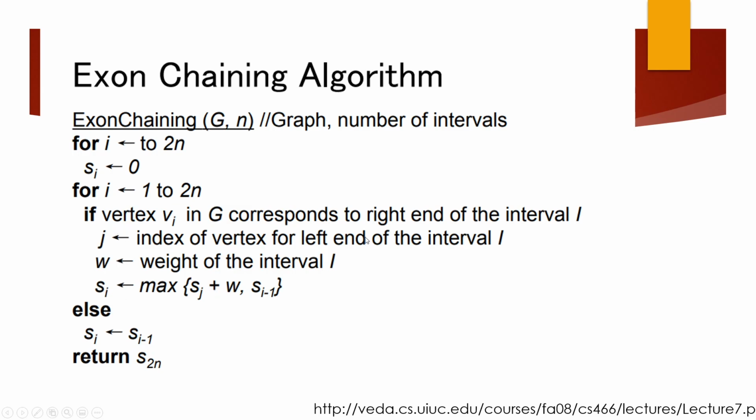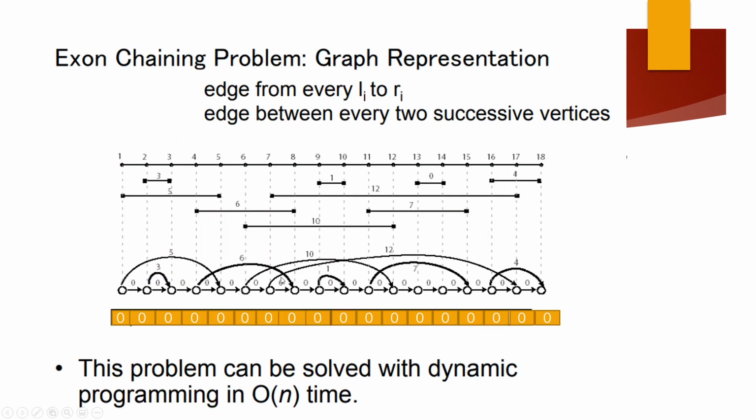If there is no arrow ending on you, then you just take the previous one. Now if you don't follow this, don't worry too much, because as we run through the examples, it will start to make sense, because this is very much like the hotel problems that we solved at the very beginning of the chapter. So let's just look into the example.